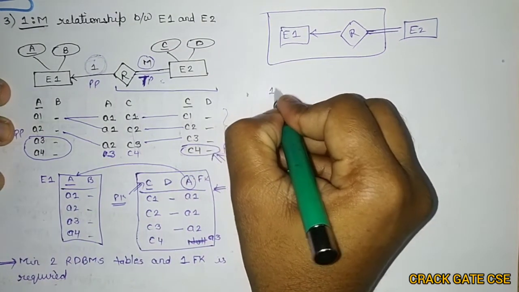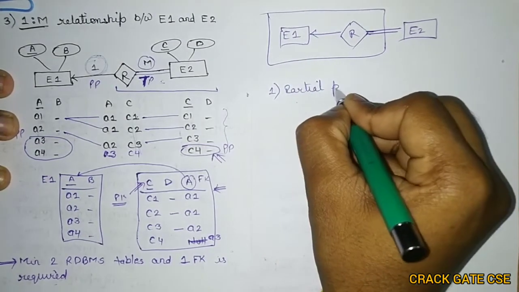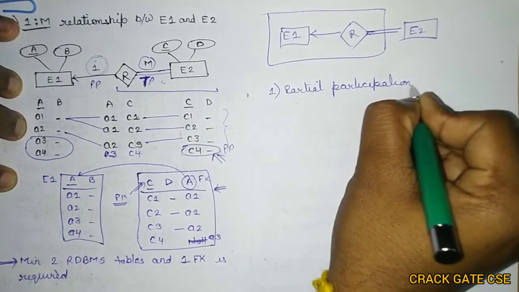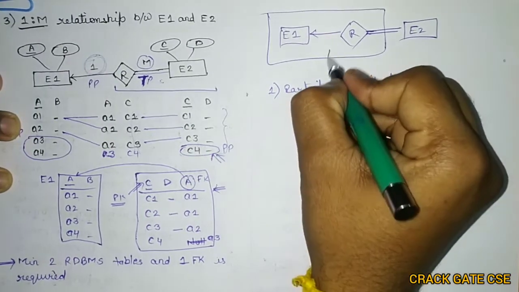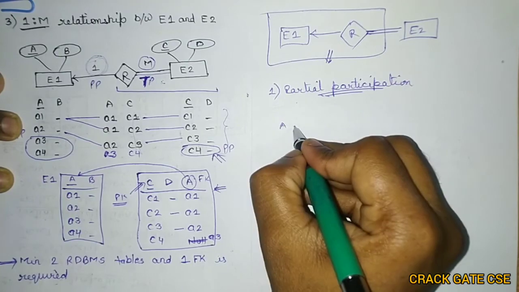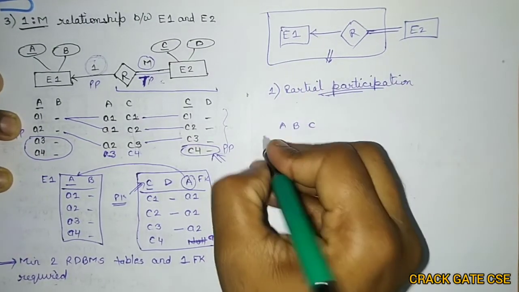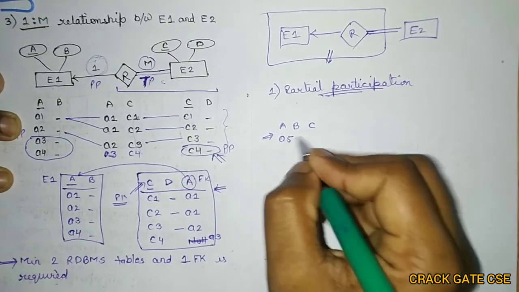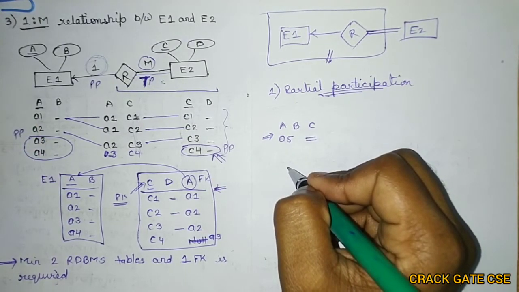What is the problem? The first problem will be of partial participation. Because of this partial participation, if I combine A, B and C, it will force us, when we insert some values of a1, like if I want to insert a5, to insert some value of c also, right?